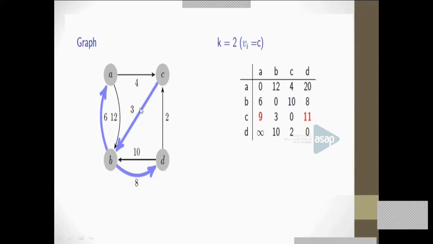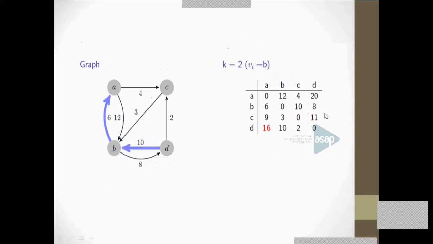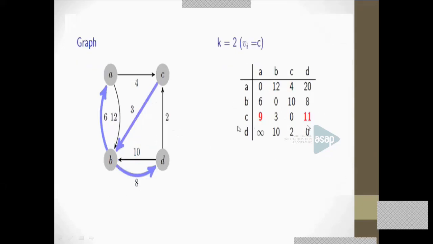And C to D also there is a path, C, B, D. 3 plus 8, sorry, it's not 10, 3 plus 8 is actually 11. Okay, 2 updates.